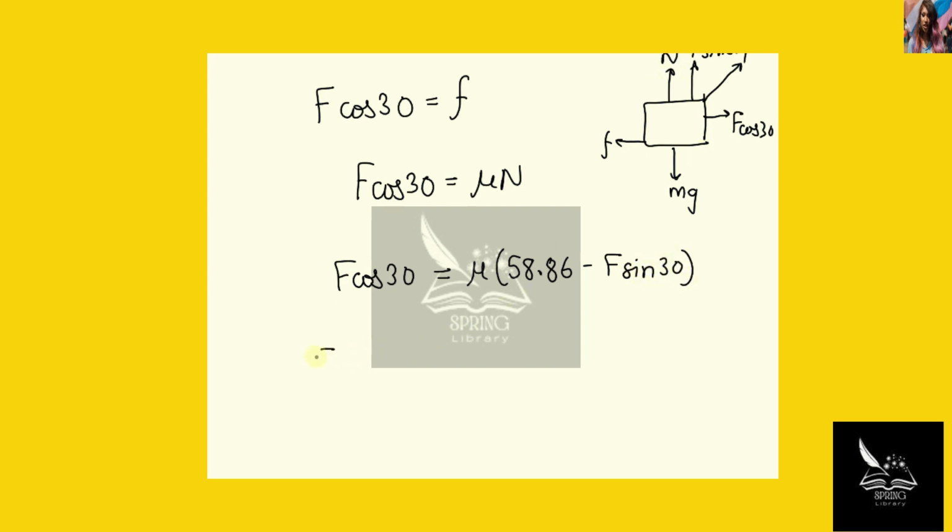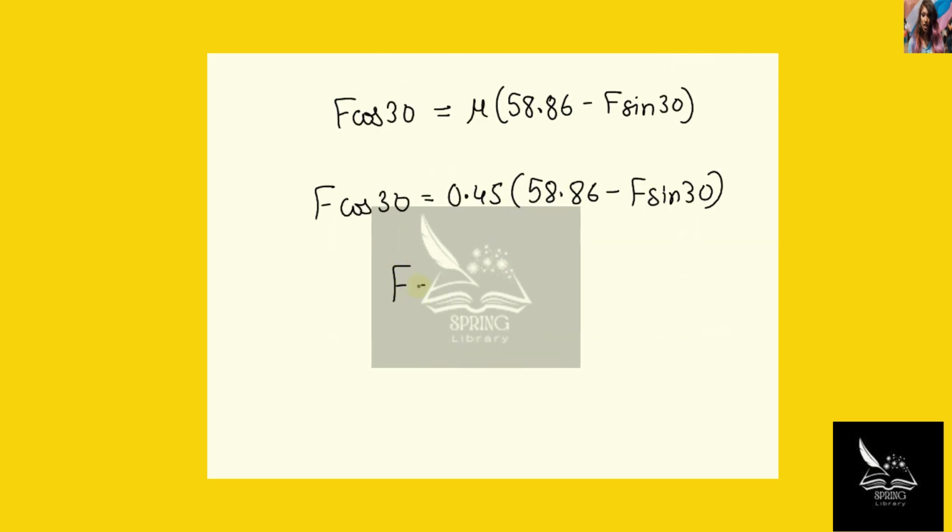So if we plug in the values, F cos 30 is equal to 0.45 times (58.86 minus F sin 30).